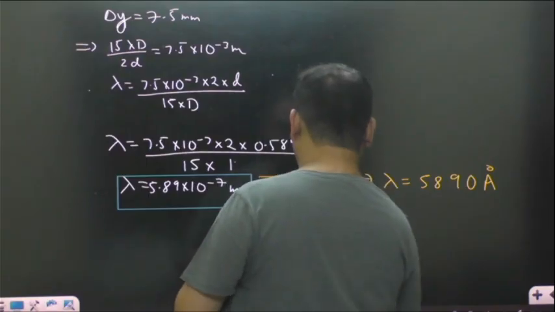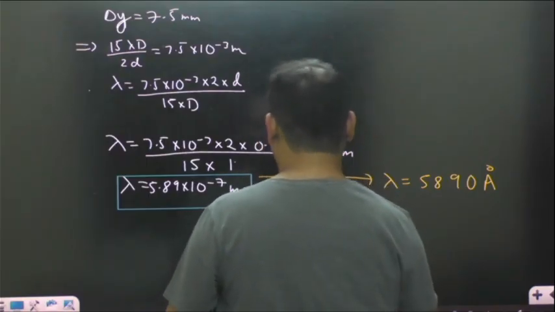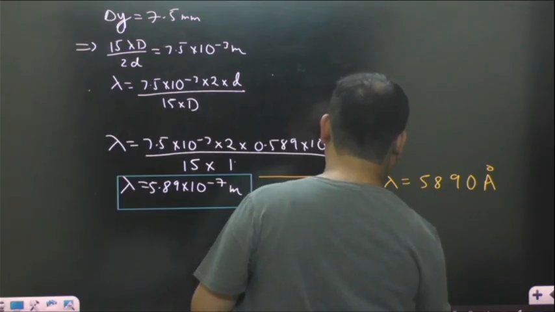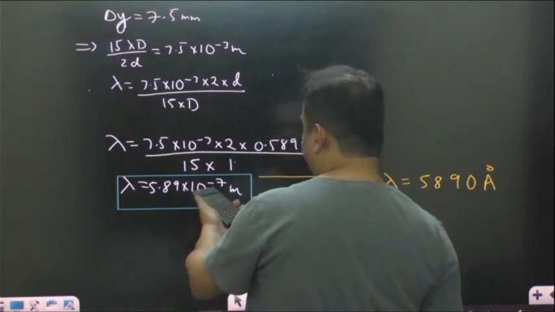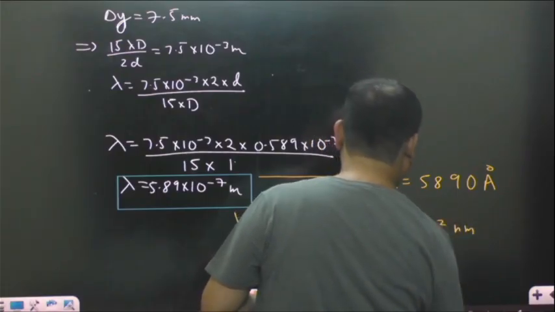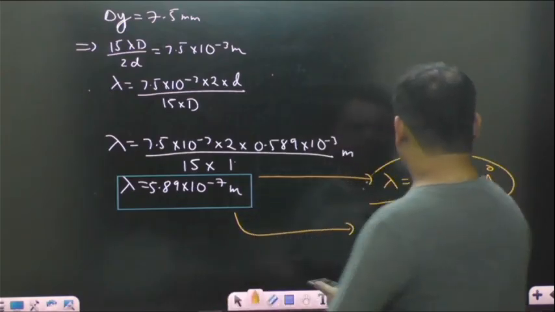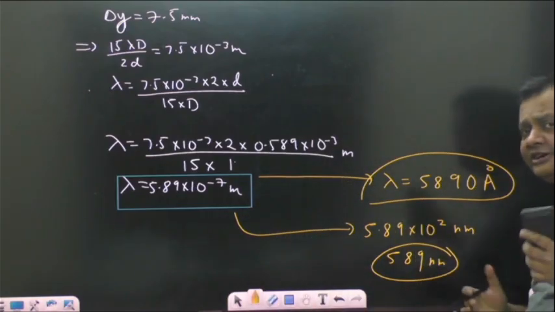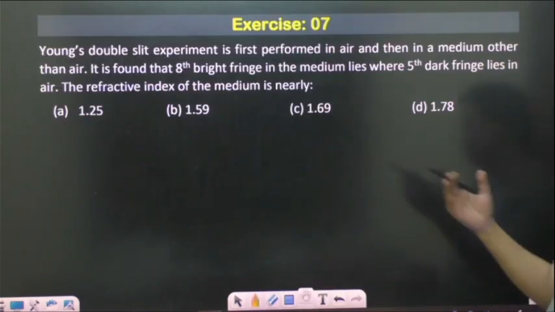If you want to give your answer in nanometer, you can divide by 10 power minus 9, so you'll get 5.89 into 10 power minus 7 divided by 10 power minus 9. When you divide by 10 power minus 9, 10 power 2 will come in the numerator, so 589 nanometer. If it's a subjective problem and there is no specific demand for the unit, you can leave your answer in meter. Now see the next problem.